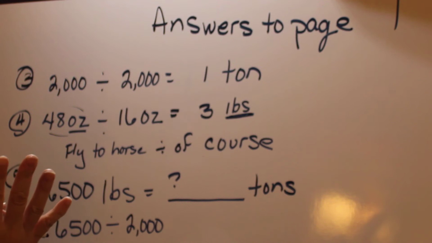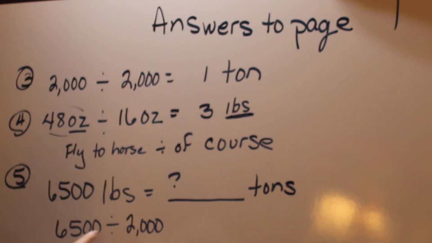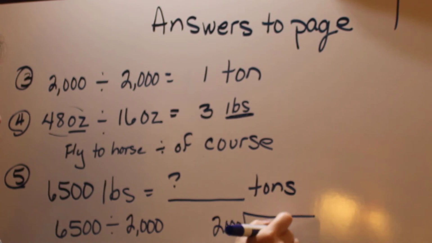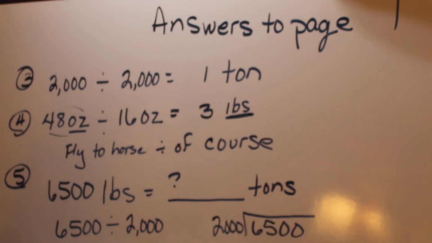You could have done this 2 ways. You could have just done it that way, or you could have done it the fraction way and made this a fraction. And if you make this a fraction, then you can keep change flip.